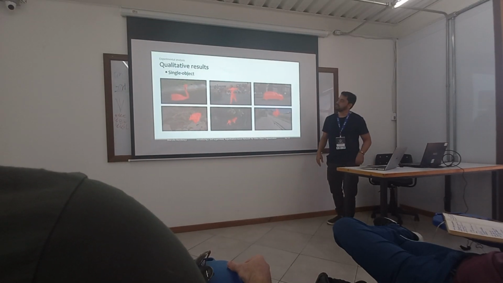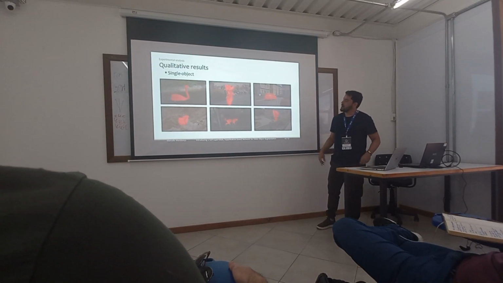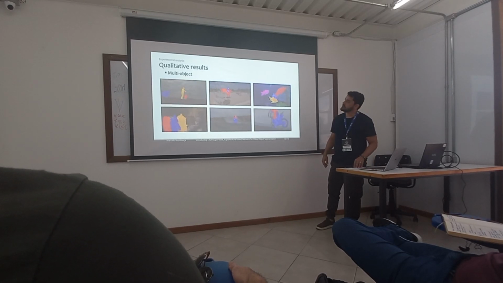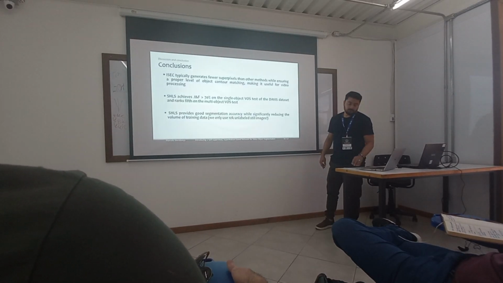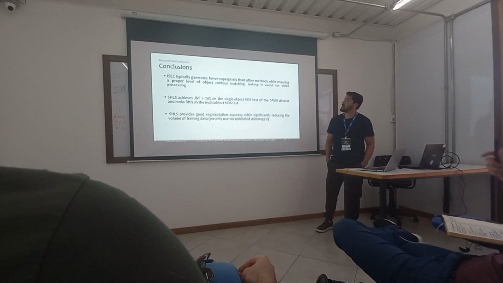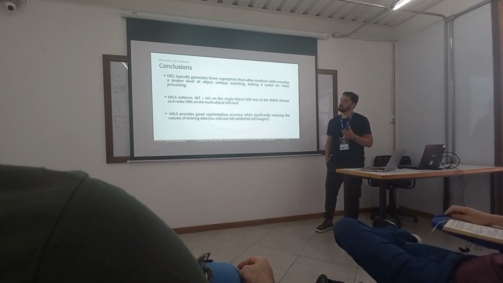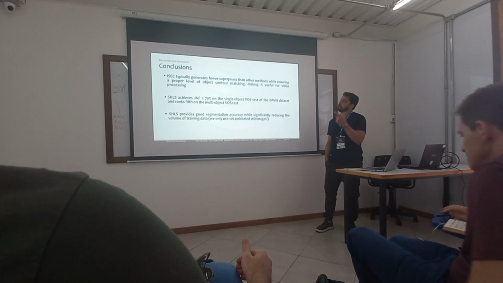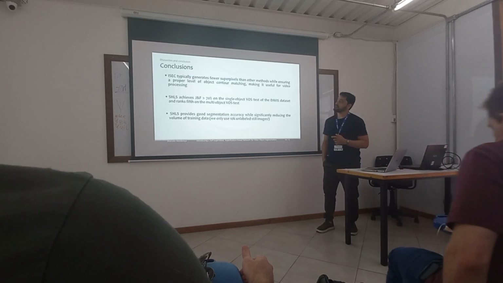Here we have some qualitative results of the single object segmentation, learned with this method, and multi-object segmentation also. To conclude, our superpixel method generates fewer superpixels than other methods while ensuring a proper level of object boundary matching, making it useful for video processing.